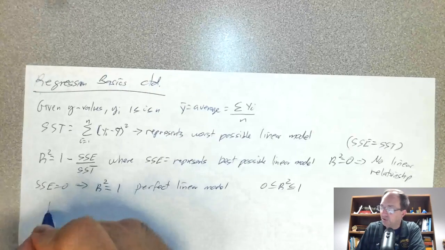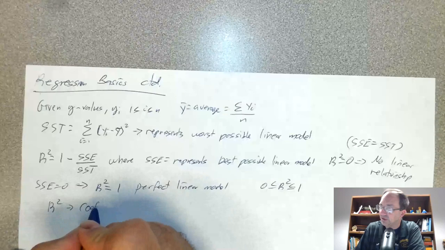All right. And so R squared is known as the coefficient of determination.